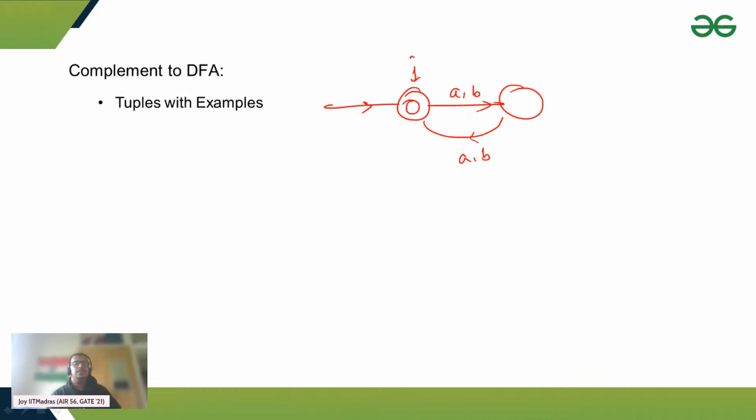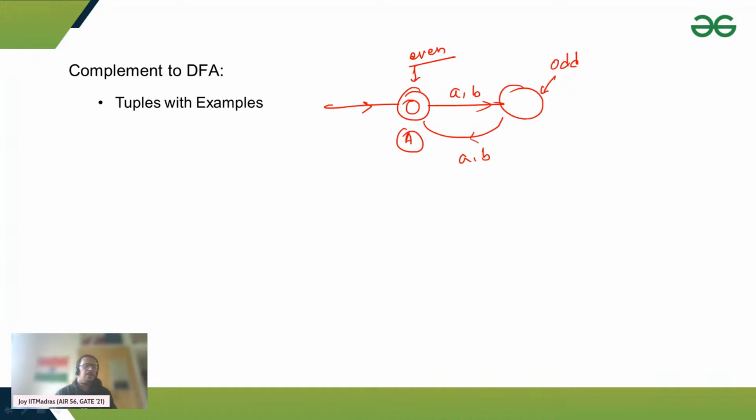This state represents the strings with length divisible by 2, and this state represents the strings with length not divisible by 2, that is, odd length. So the thing you can notice is that the accepting and non-accepting states will be complemented.